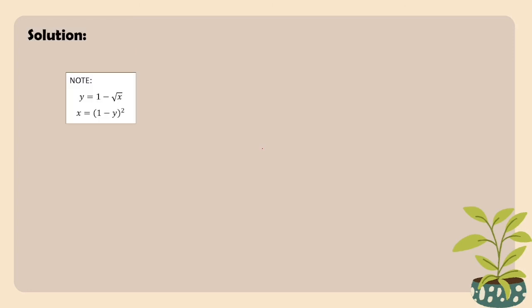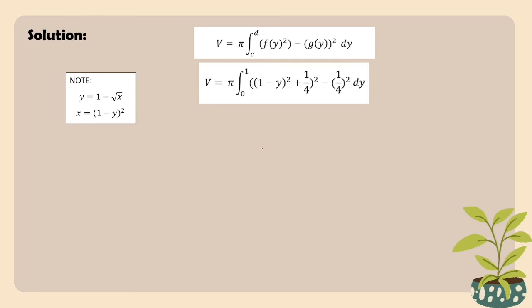Then for the solution, we have y equal to 1 minus square root of x, so solving for x, we have x equal to (1 minus y) squared. Using the formula, let us input the given values. We have pi integral from 0 to 1 of (1 minus y squared plus 1/4) squared minus (1/4) squared dy.